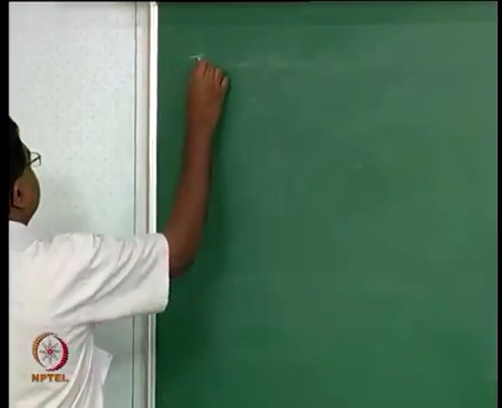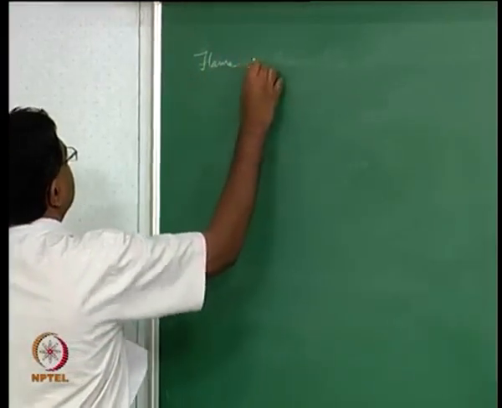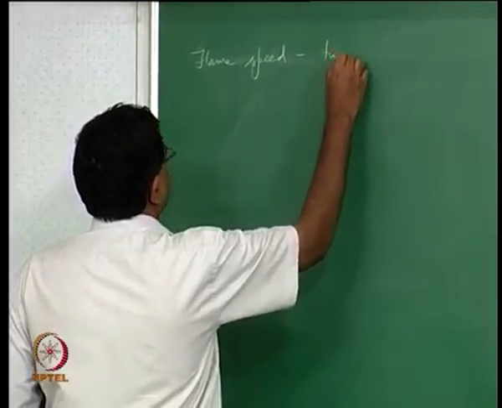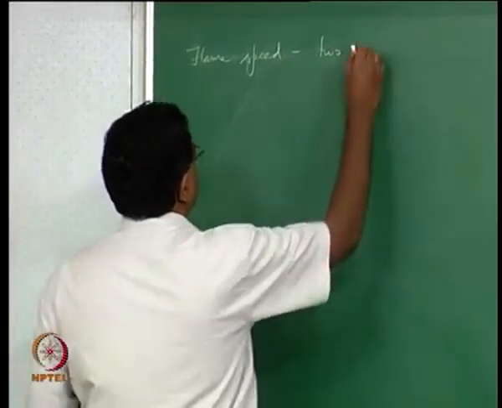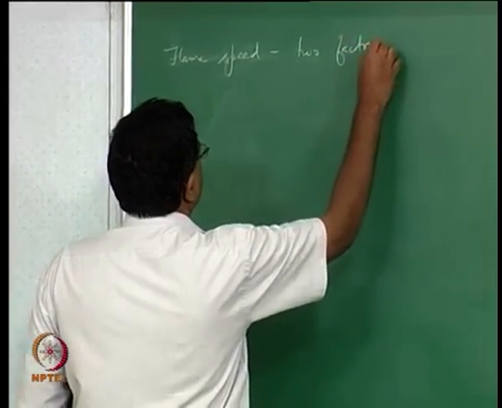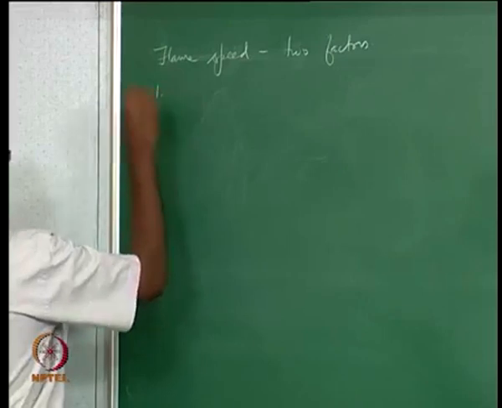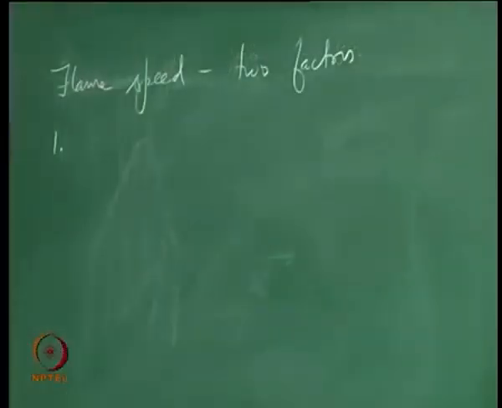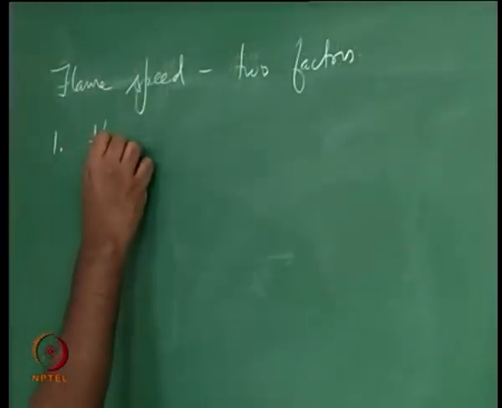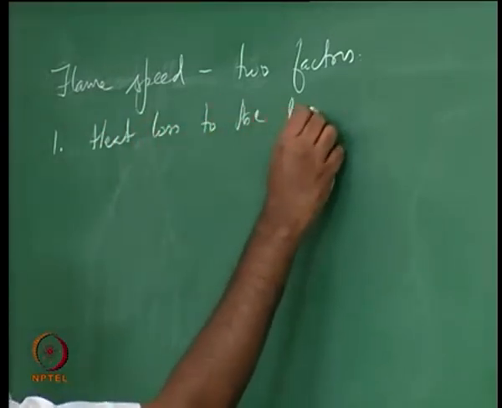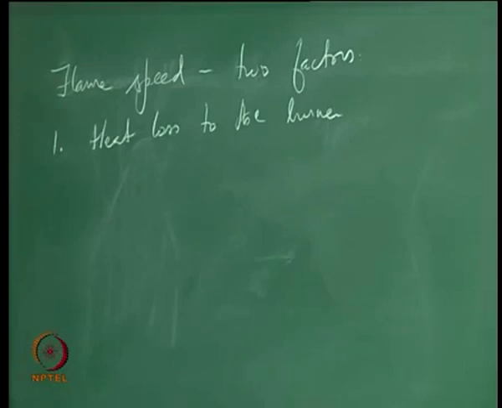So how does the flame speed behave? There are two contravening factors that we have to think about. One, first and foremost, is the heat loss to the burner.